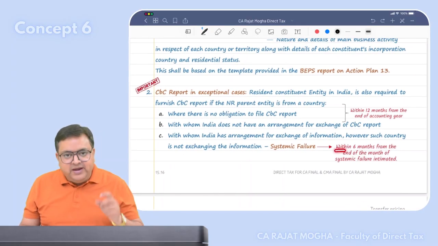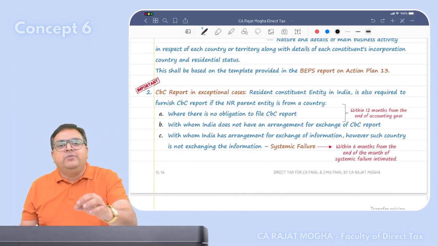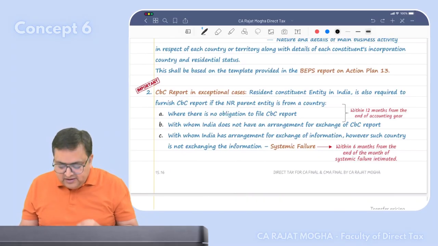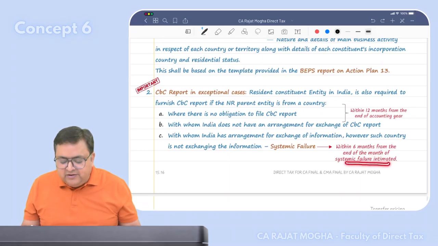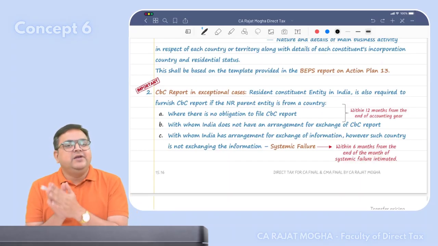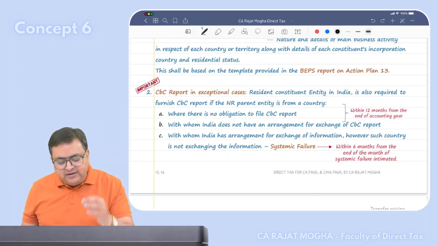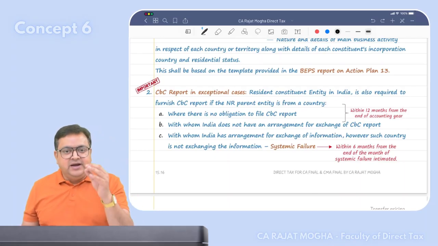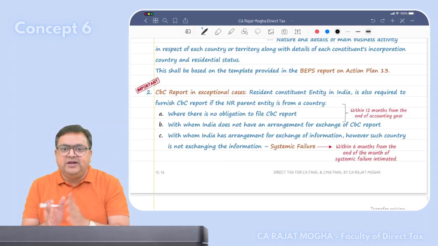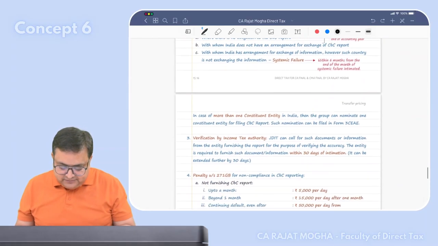So now Siemens India, you are under an obligation to furnish CBCR within 6 months from the end of the month when systemic failure was intimated to you. Who will intimate? The department will intimate that a systemic failure has happened. From the end of that month, you will get 6 months to file the CBCR. Got it?